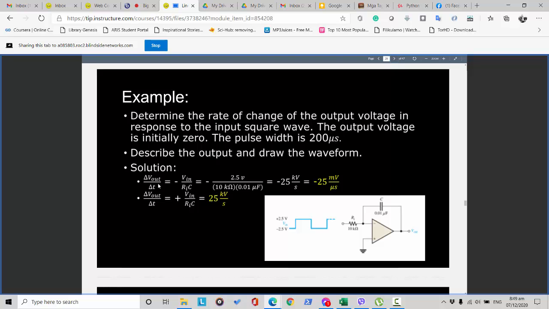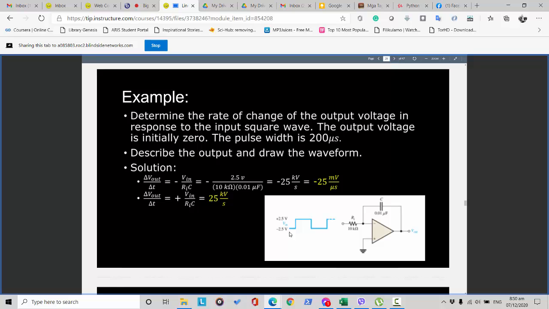So we have the following solution. We will be using the formula, which is the rate of change of our output voltage divided by the rate of change of the pulse. So that will be equivalent to the negative input voltage divided by the input resistor multiplied by the capacitance. We have a capacitance of 0.01 microfarad.